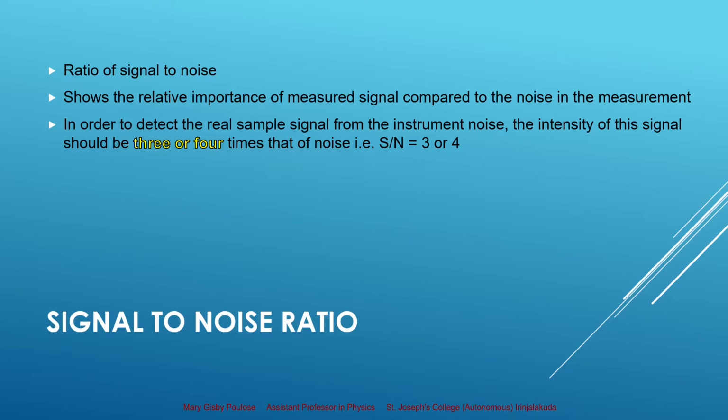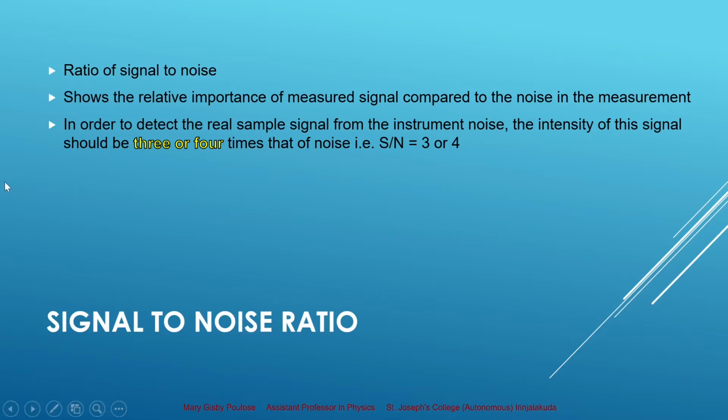So, here we say that in order to give the correct importance to that measured signal, the noise in the environment should be very small. So the signal to noise ratio represents the relative importance of that measured signal compared to the noise in the measurement or in the background.